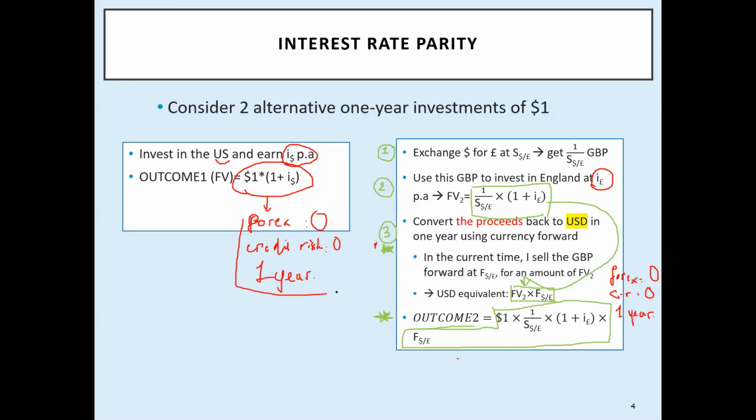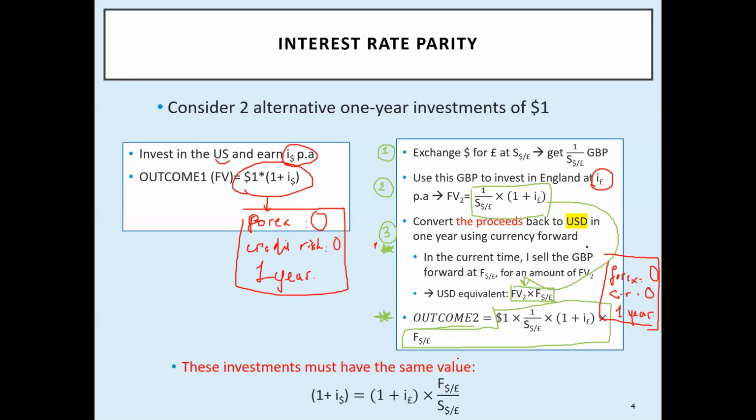So if you look at the risk profiles of the two investment options I have on this slide, they look exactly the same, okay? So essentially, they have the same risk profiles, they've got the same investment horizon, and therefore, these investments should have the same value, okay? So if your investment has the same risk as the market, for example, it should be priced at the market, okay?